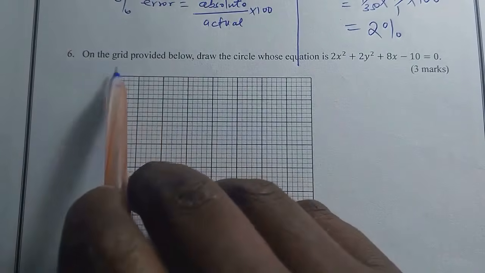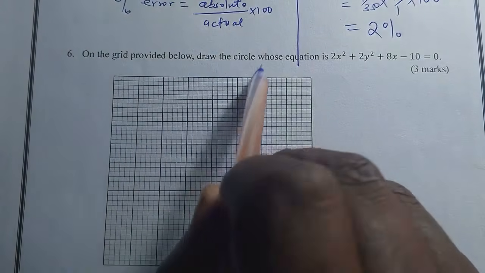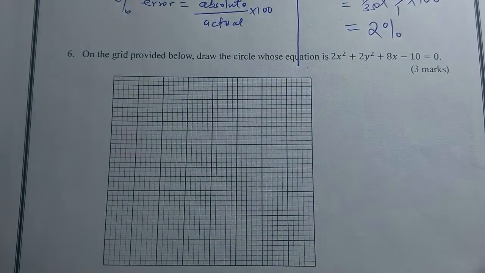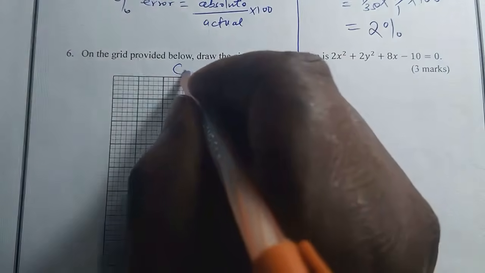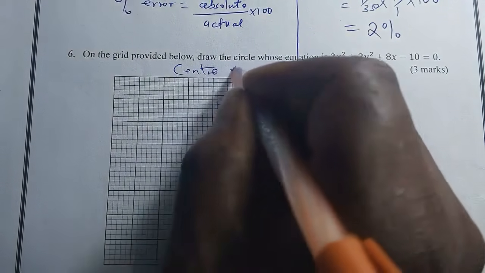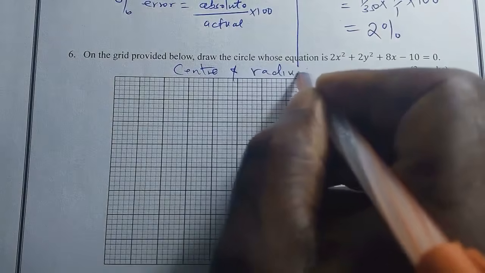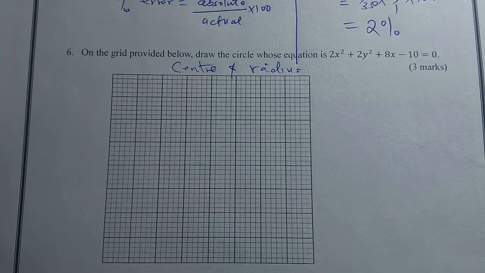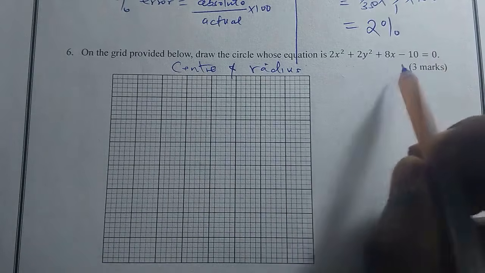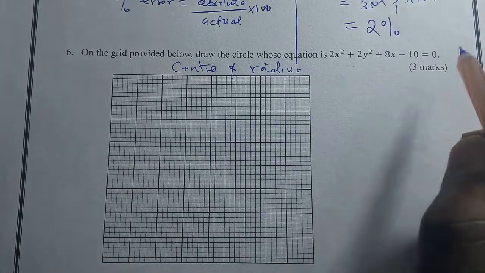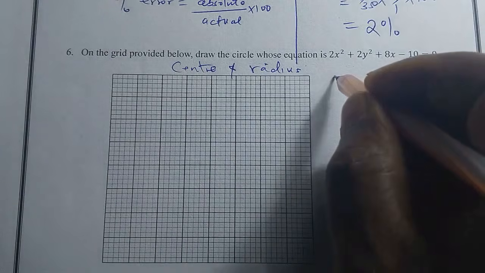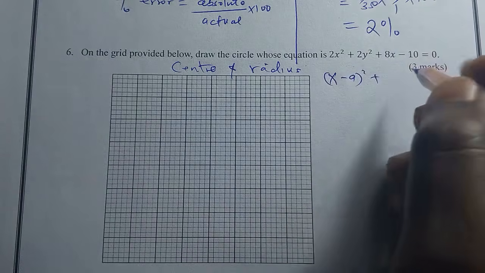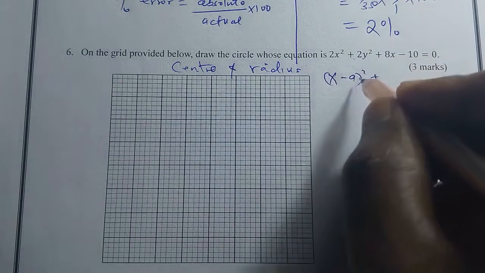On the grid provided below, draw the circle whose equation is this. For you to draw a circle, you need a center. You need the center and you need the radius. So first you need to get this. This is an equation of a circle, which is in the form of (x minus a) squared plus (y minus b) squared is equal to r squared. So we need to write this equation in this form.